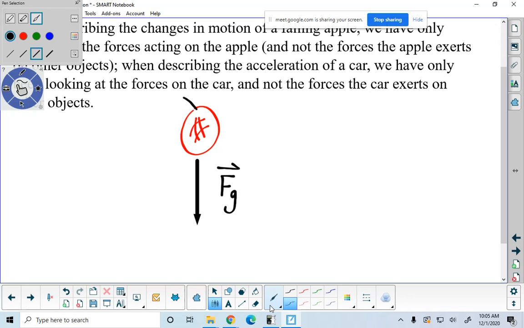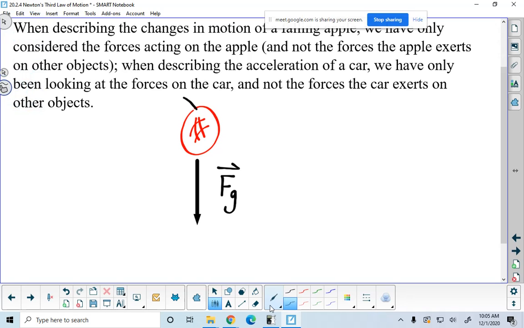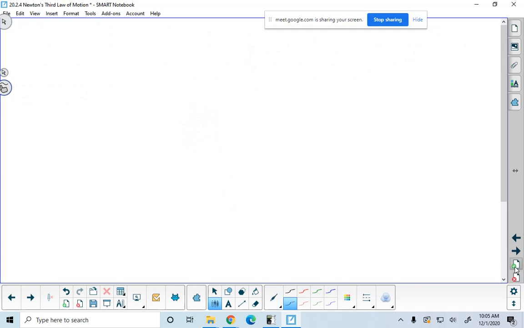And I don't want to get buried in a big explanation of gravity just yet, because we're going to study that later in this unit. But the fact of the matter is, a gravitational force is exerted on the apple by the Earth. And what really happens is the Earth and the apple are attracted to each other. It's very hard for us to visualize this, but when I drop an apple, here's the Earth.